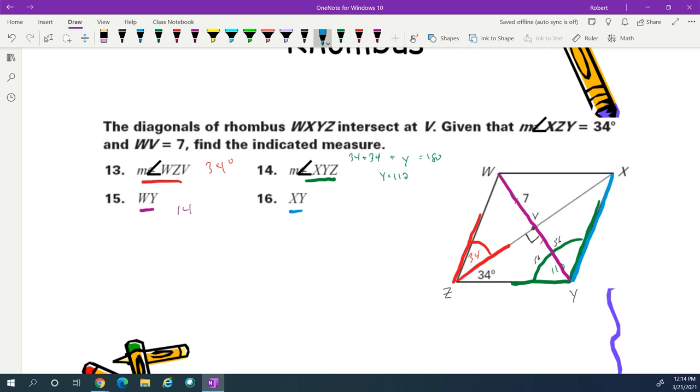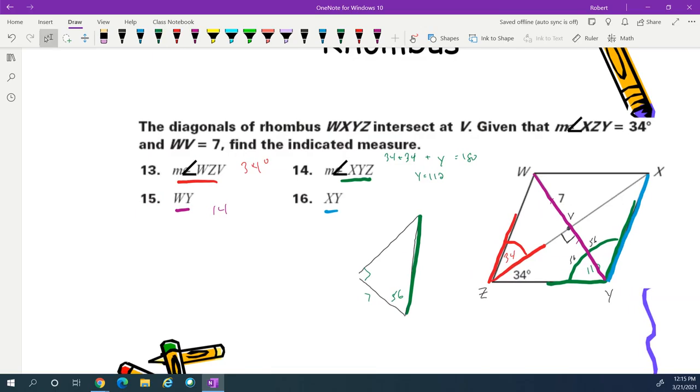But what we do know here, and I'm going to redraw a part of the picture, we're looking for this side. But what do we know here? We know it's a right angle. We know it's a right triangle. We know one side is 7. And we know our angle. So as problem solvers, we want to identify what do we know and what can we do with that information.